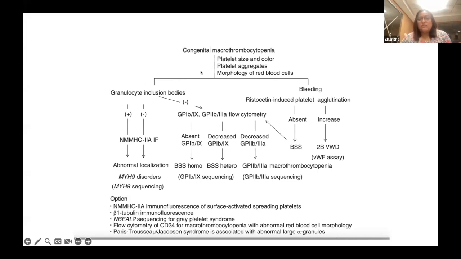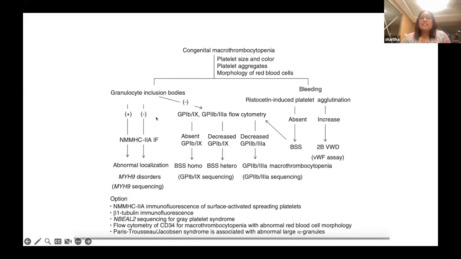If there are granules along with giant platelets, and if there are granulocyte inclusion bodies, then we should go for immunofluorescence with non-muscle myosin heavy chain 2A. That would show us the abnormal inclusion bodies on immunofluorescence. And then if we see abnormal localization of these bodies, we can go ahead with MYH9 sequencing, or next generation sequencing.